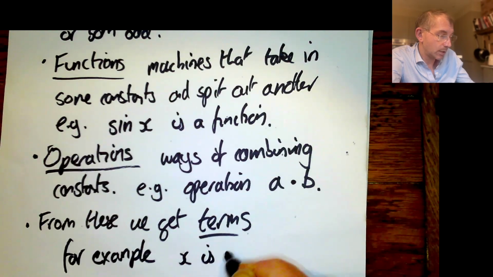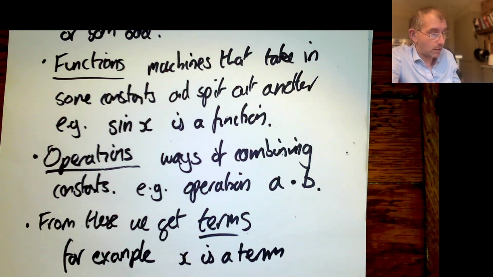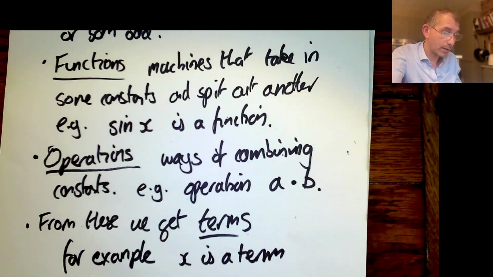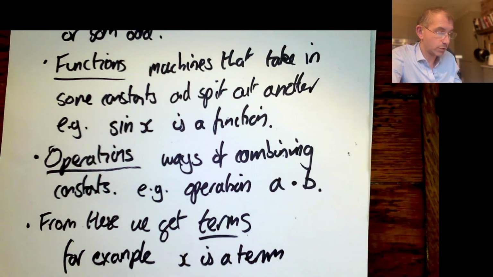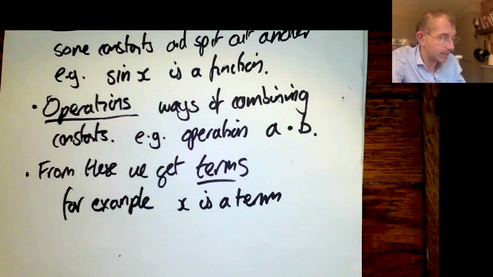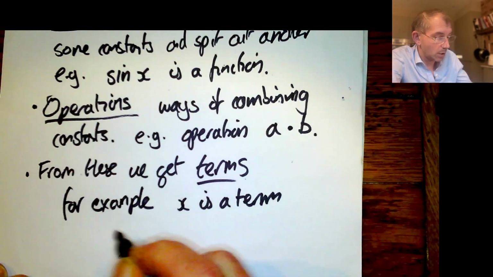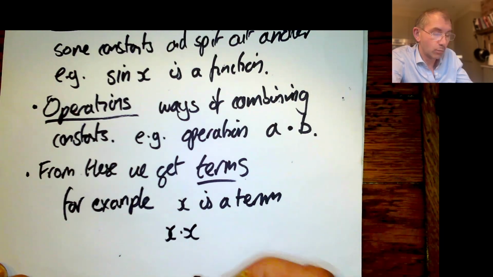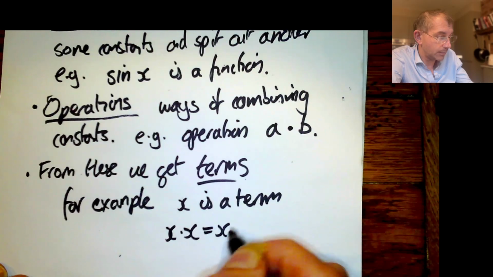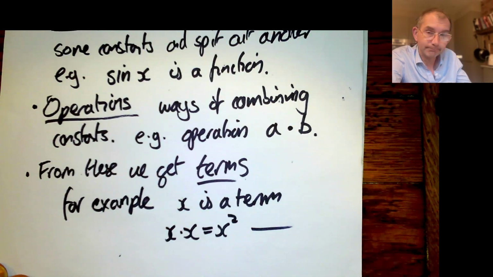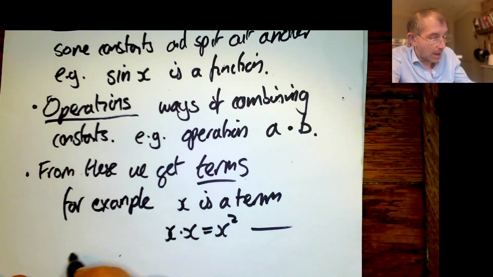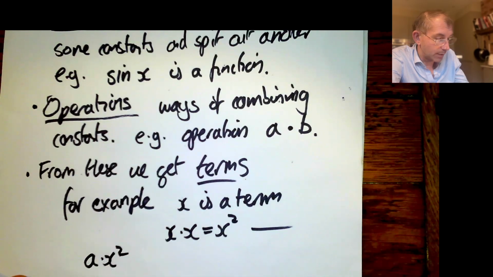So x is a term, and then I can apply any of these functions or operations to it, and then I get another term. So x times x, which I might also write as x squared, this is a term. And then I could do a times x squared.